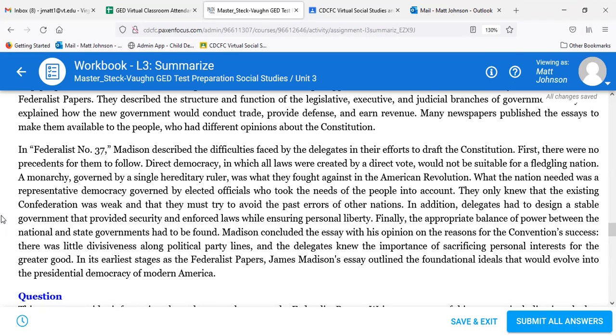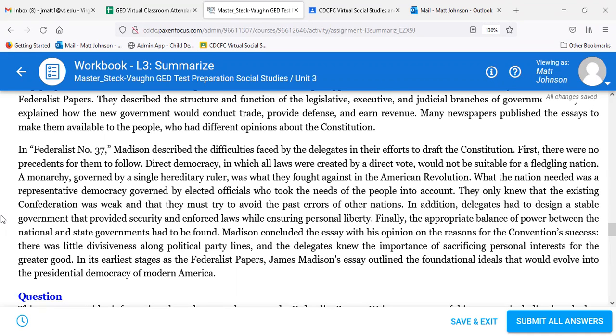And then we could say specifically about James Madison, right? So we can mention this particular document. So Federalist 37, we'll reference Federalist number 37.